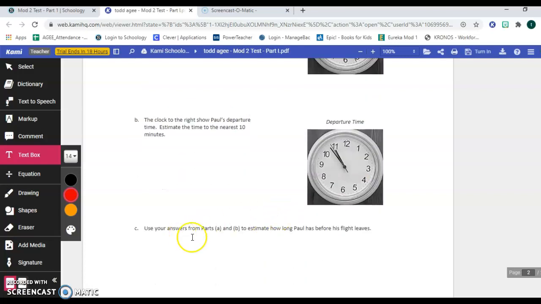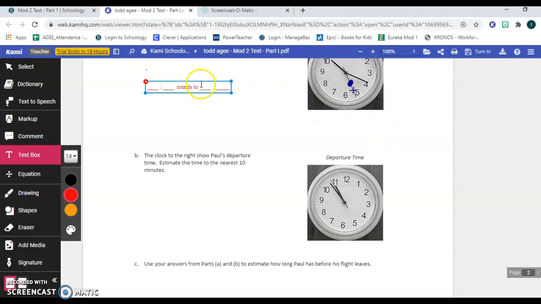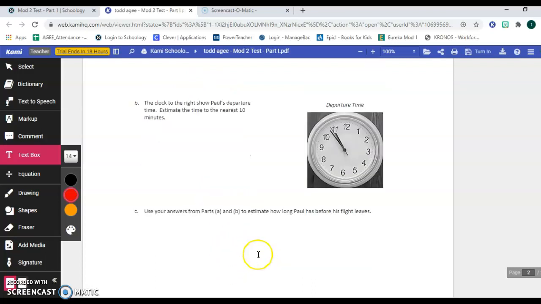And then it says, based on this estimate that you created and the estimate of the time now, how much time does he have from the time now to the estimated departure time? So how long does he have before his flight leaves? You're looking at your two estimates, not the exact times. So your answer should be a friendly 10. It should end in 0. And it's a certain number of minutes.